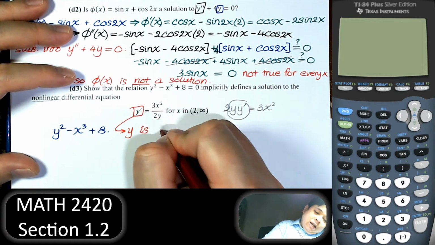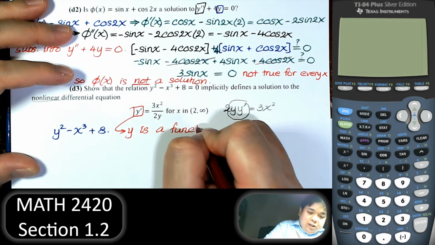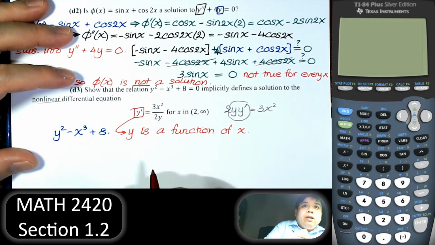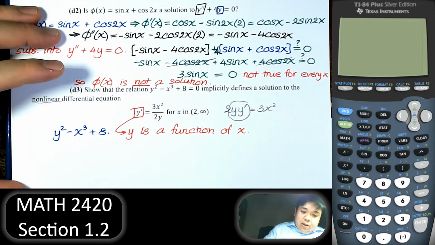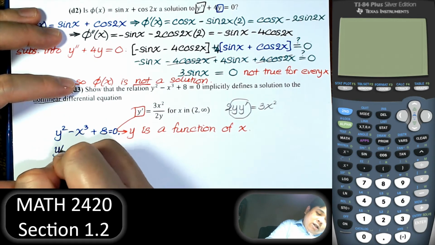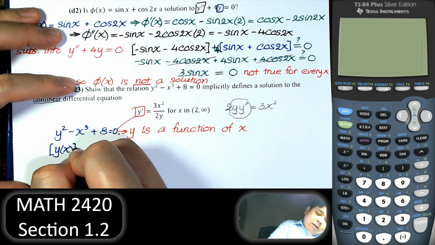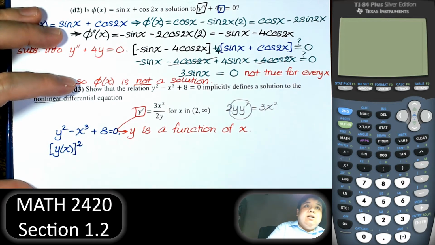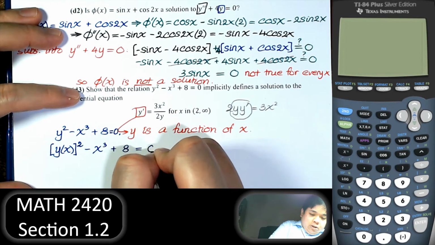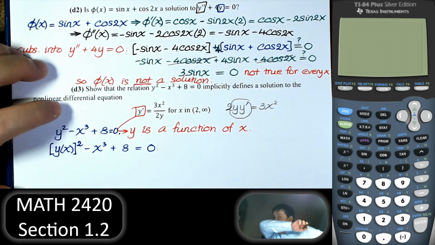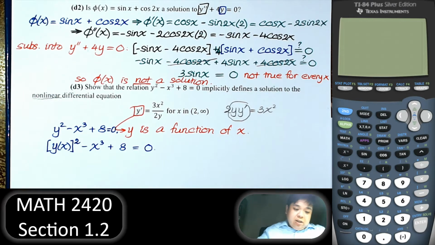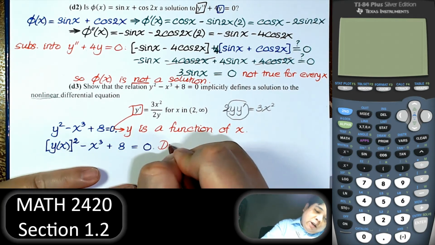So this equation we can write as y of x, squared, minus x cubed plus 8 equal to 0. Now we differentiate this with respect to x. Since y is a function of x, we can differentiate with respect to x.